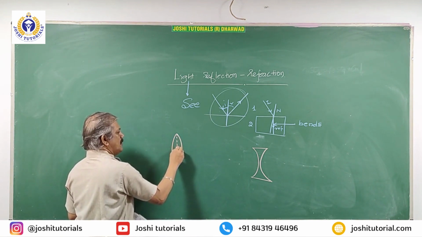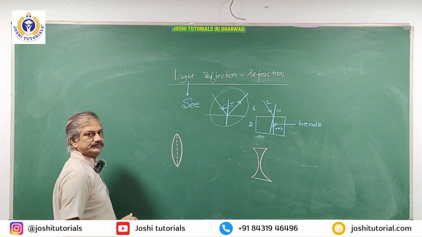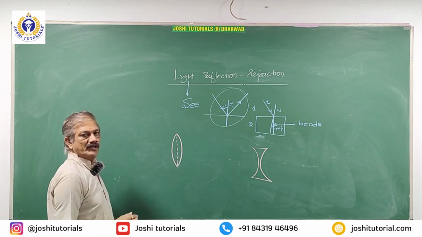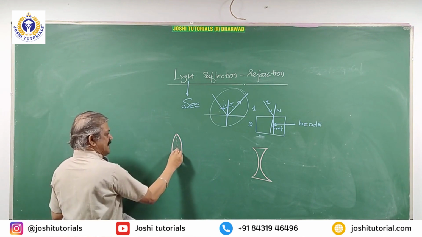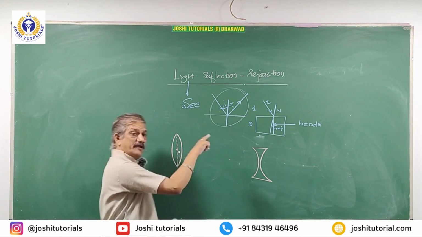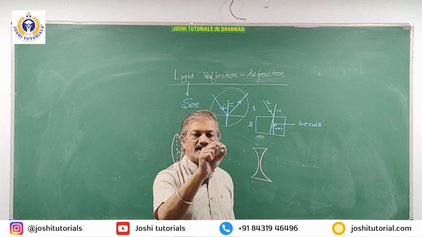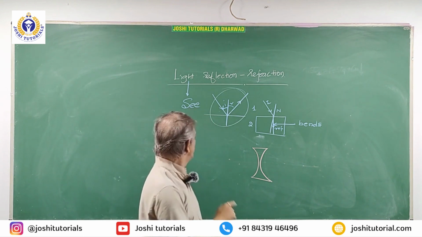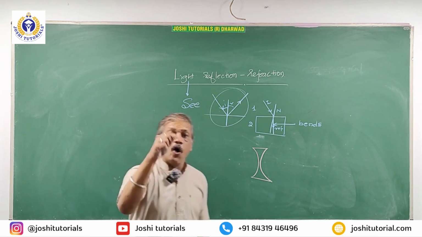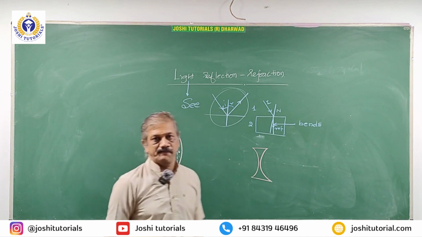When you draw a line here, aperture, you can say. Center you mark. In mirror we used to say pole of mirror. In convex lens and concave lens we say optic center, center of lens.